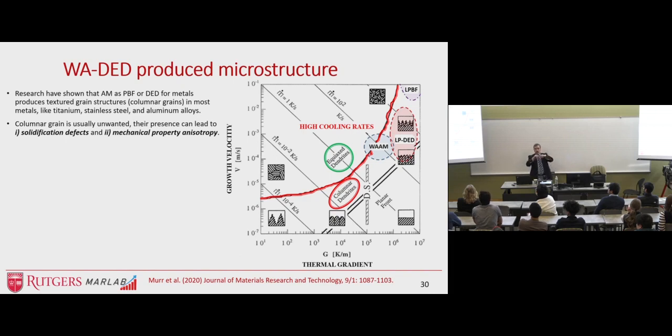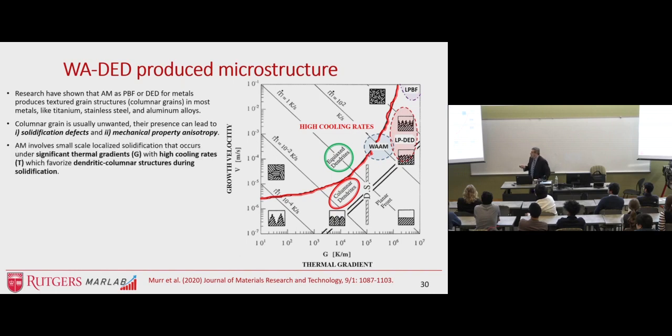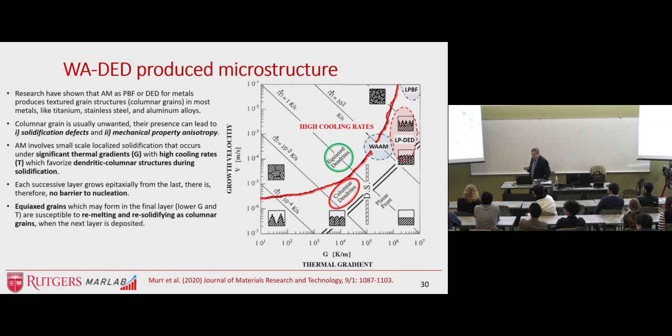The yield strength or tensile strength in one direction is very low, and in the other direction it is very high, or just about bulk material. That's a problem because you cannot put a structure in place if there is mechanical property anisotropy. As well, during solidification, a number of defects are incurred.